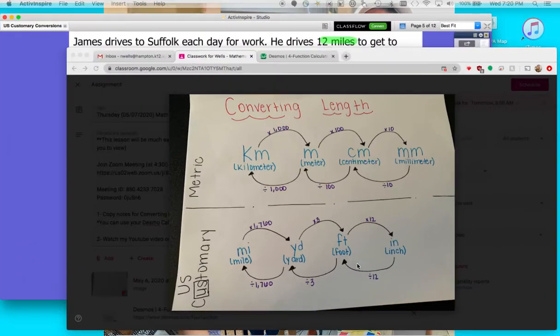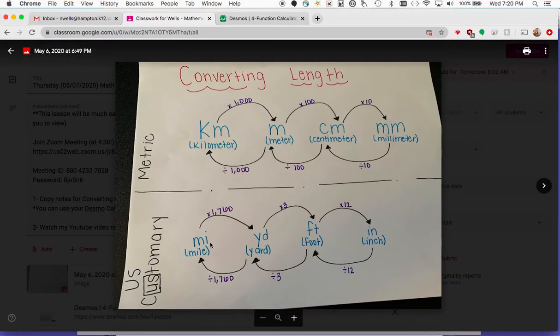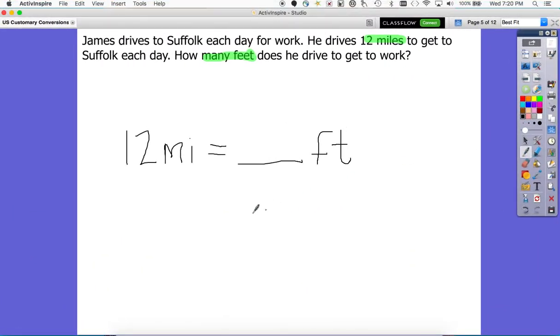So it gives us 12 miles. We're going to multiply that by 1,760. 12 times 1,760. This one I'm not even going to try to do in my head.